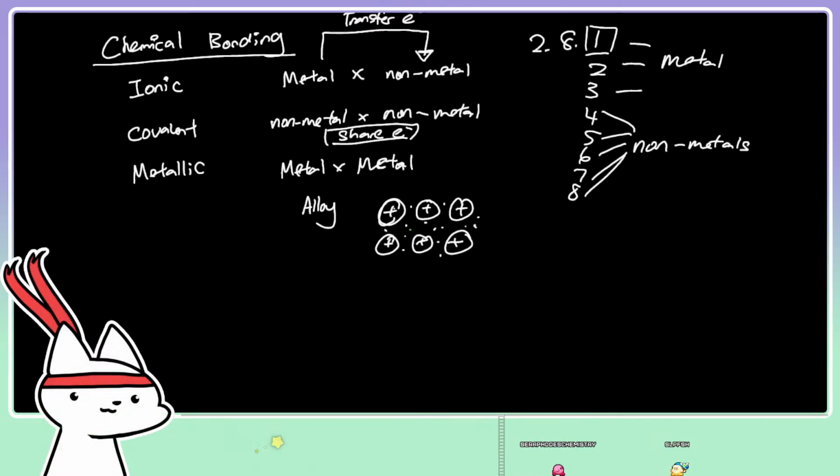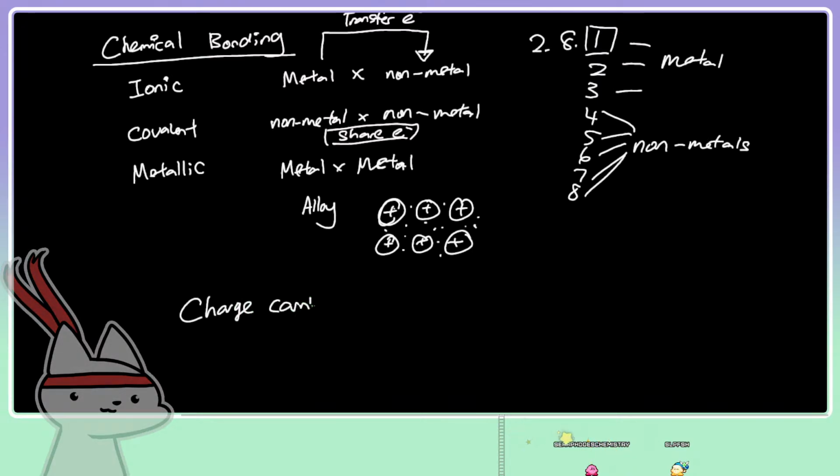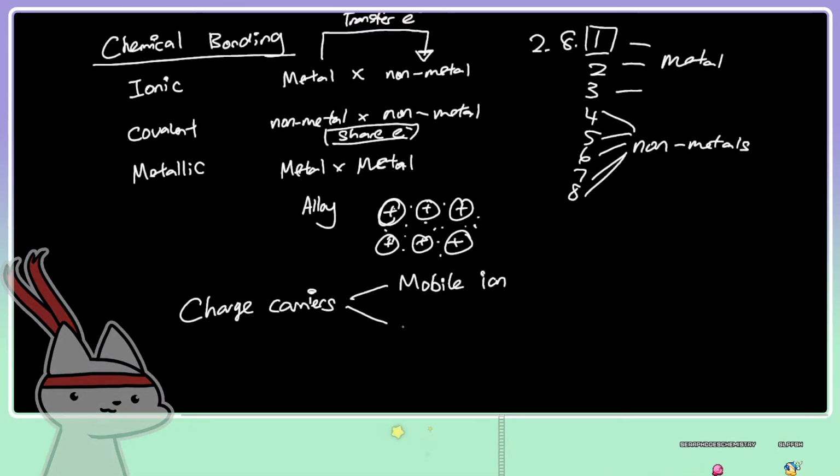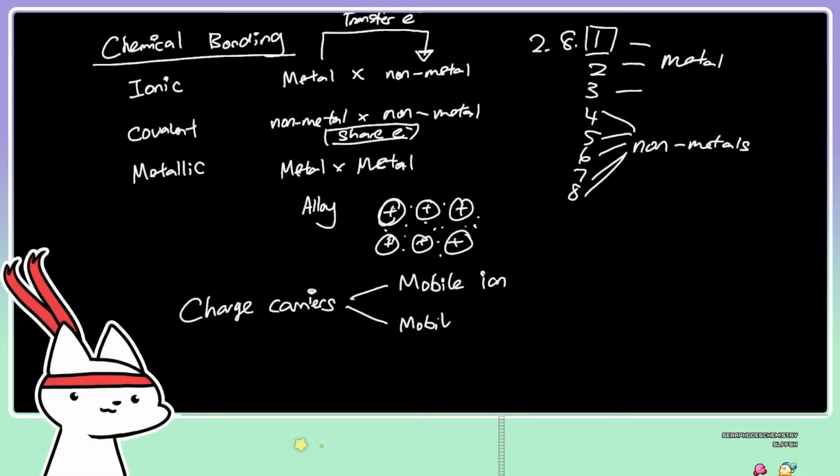So in general, when it comes to conducting electricity, there are 2 different types of charge carriers: mobile ions and mobile electrons.